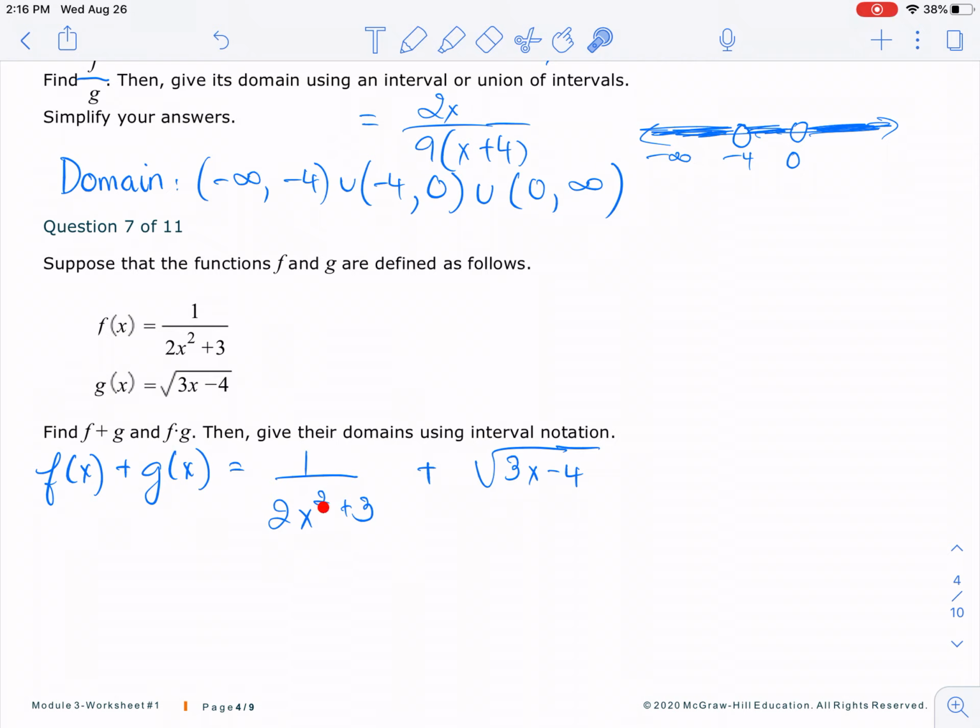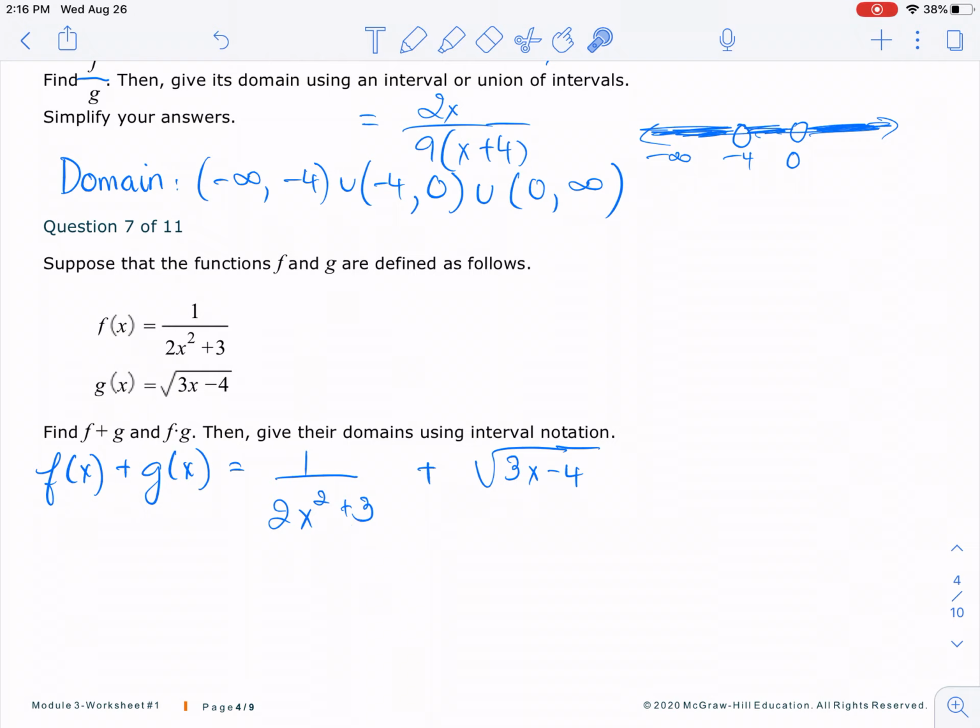In this case, there's no way we're going to get 0 on the bottom, because let's say if I have a 0 here, I still have 3. So 0 times 2 is 0 plus 3 is still 3. So no matter what, I'm going to get some number other than 0 right here.